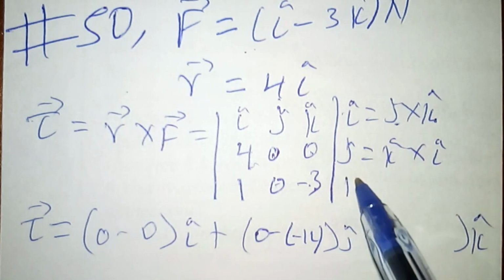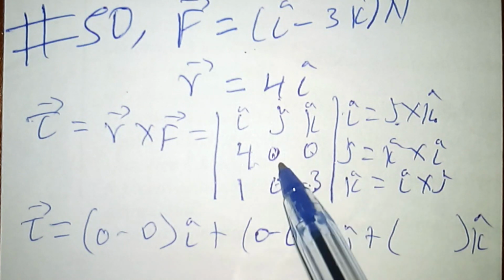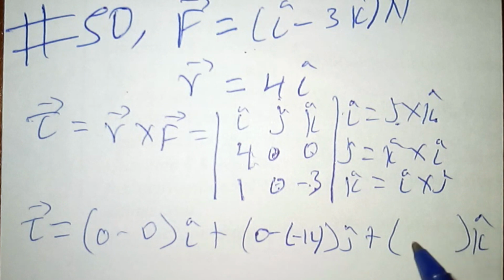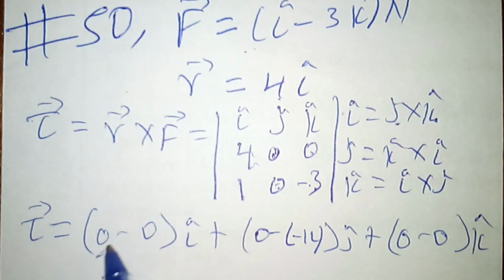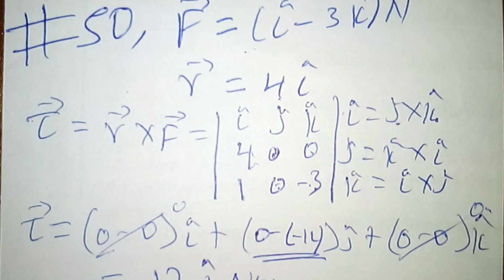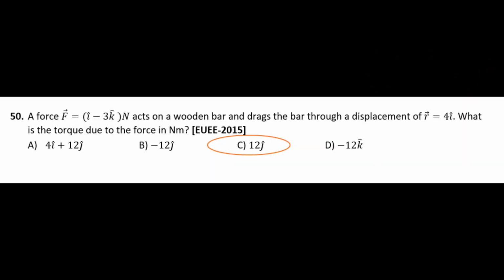For k: 4 times 0 is 0, 0 times 1 is also 0, so this is 0 minus 0. As we expected, the i and k terms are 0 and only the j term survives. So 0 minus -12 is +12 j newton meter. So the correct answer is alternative C.